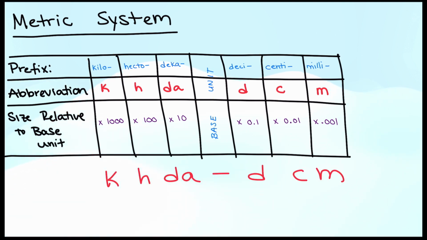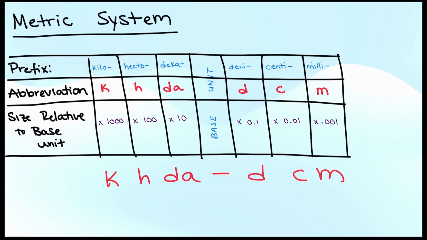So basically, if you want to do a conversion in the metric system, because we're always either multiplying or dividing by powers of 10, that arithmetic can be done by just moving the decimal. And so to do problems in the metric system, I actually just jot down our metric prefixes.